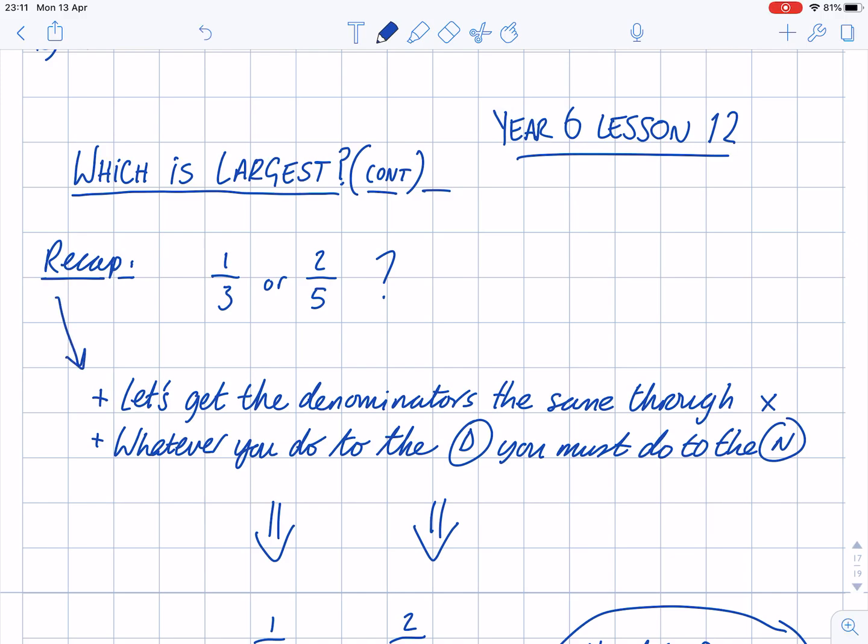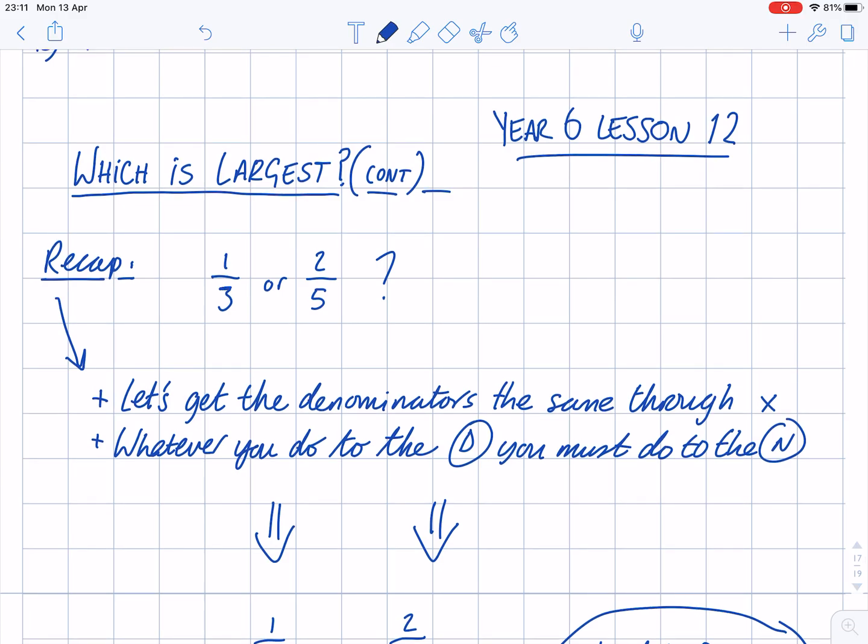I've said let's get the denominators the same through multiplication. So we've got to get this 3 and this 5 to both be the same, and we do that through multiplication. Whatever you do to the denominator, you have to do to the numerator.